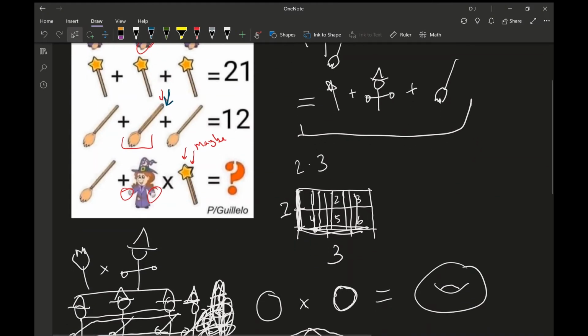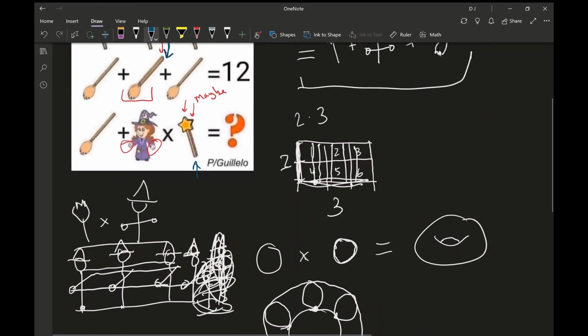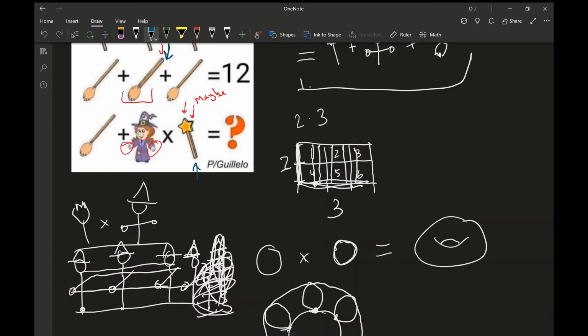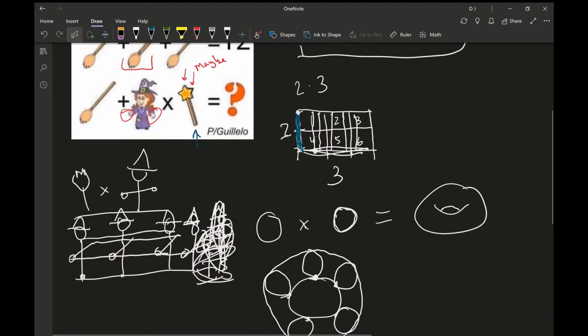This wand could go either way because we know what happens when you multiply by a number. Multiplying by a number is like geometrically extending it by a line segment. I think what they meant, right? I mean, they mean like wand plus wand, right?